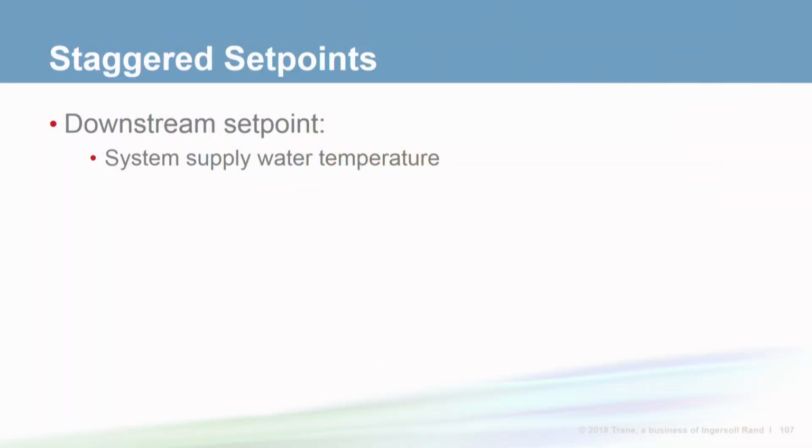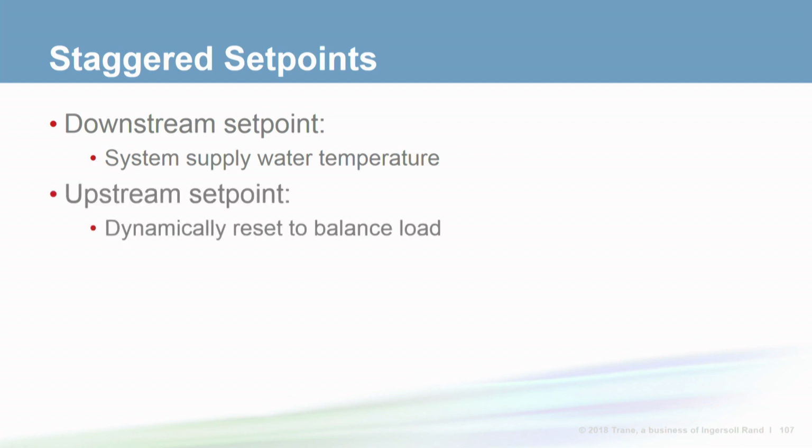To implement staggered set points, the downstream chiller is operated to the system supply water temperature, and the upstream chiller set point is dynamic to balance the loads on the chillers when both are operating. The simplest way to do this is to have the chiller plant control system dynamically change the upstream chiller set point to be halfway between the chilled water return and supply temperatures.